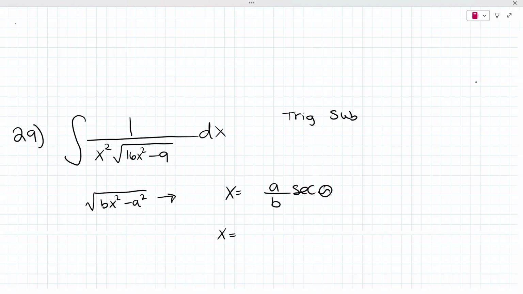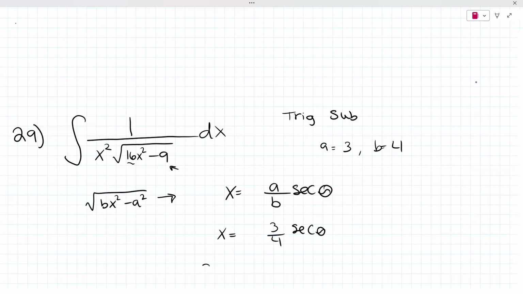My a is related to the 9. So what number squared gives you 9? 3. And my b is related to the 16. So what number squared gives you 16? 4. So a over b, that's 3 over 4 of secant theta, right? So that's my x.